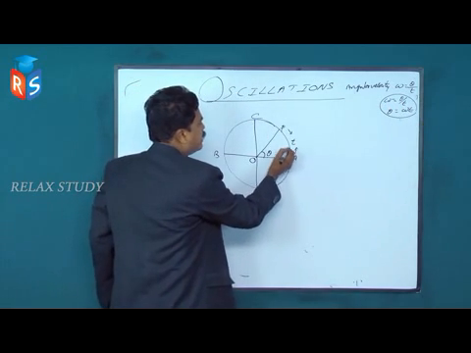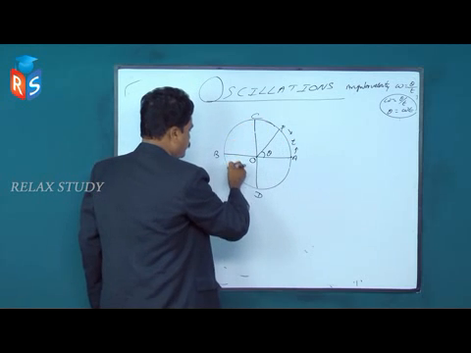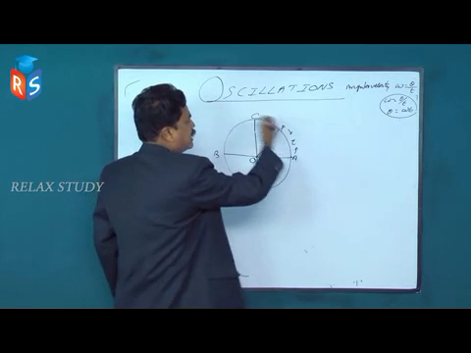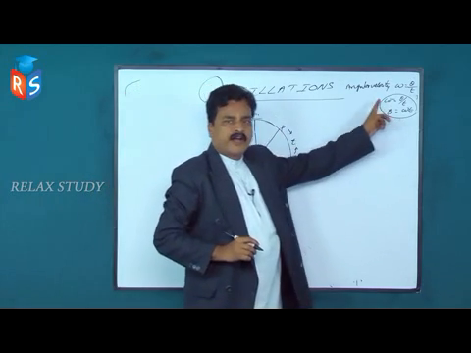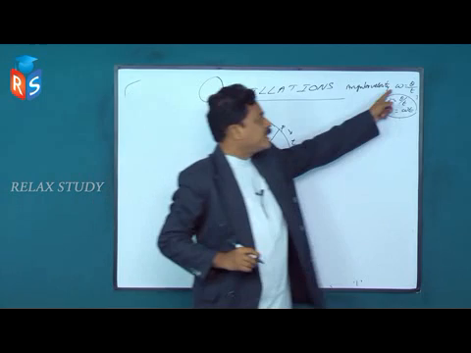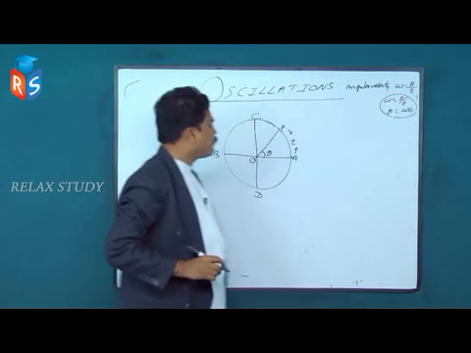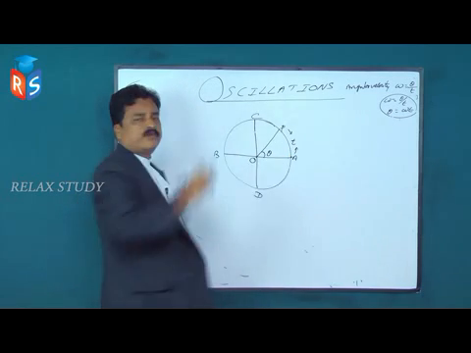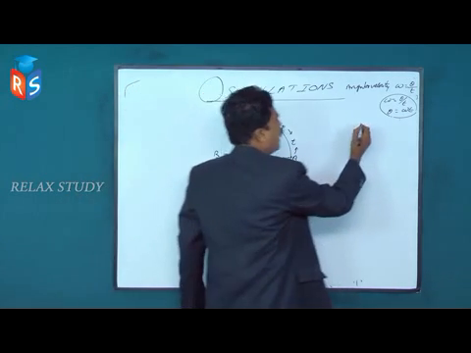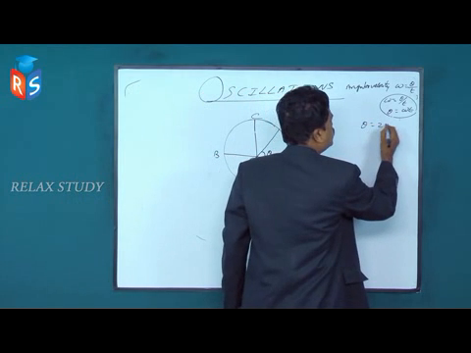So the particle travels through the circumference of the circle with uniform angular velocity omega. When the particle takes one revolution, the angle covered is 2 pi, that is 360 degrees.